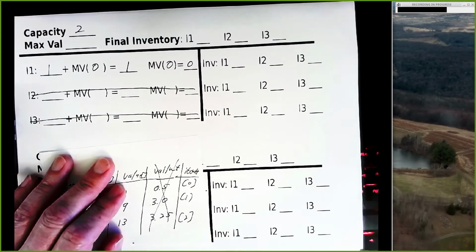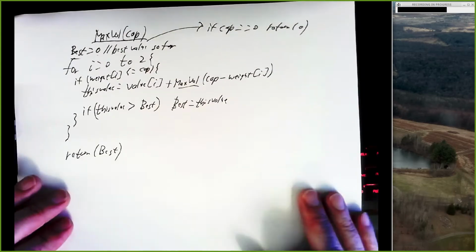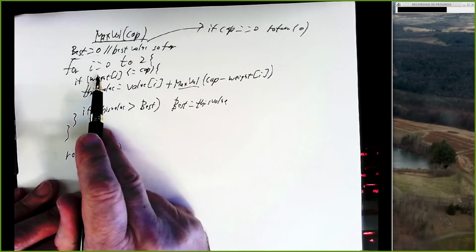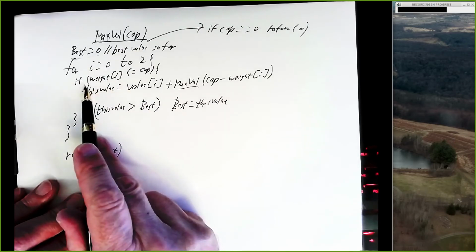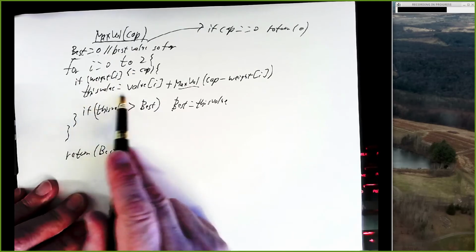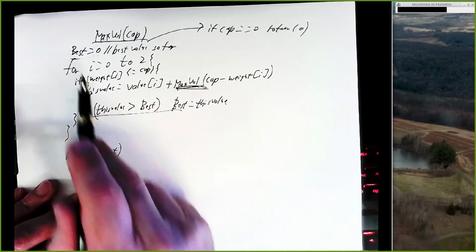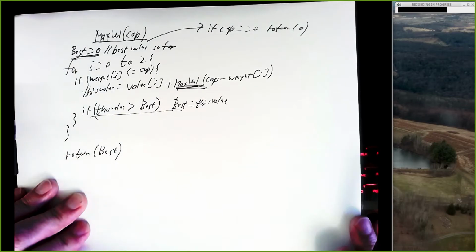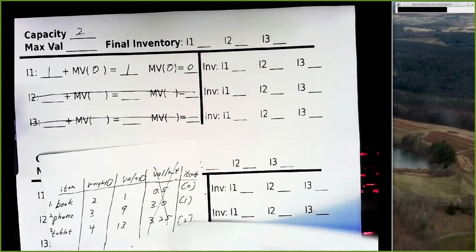The base case, if capacity is 0, is just for efficiency, right? If we didn't have that, it wouldn't cause any problems to have capacity 0 because none of these if statements will be true. We'll never make a call to max val inside here, and when we're done, best will just have its initial value, which is 0. We'll return that.